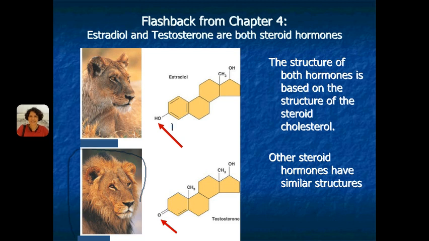You can see here there is a hydroxyl group in the estradiol, while there is a carbonyl group in the testosterone, and then testosterone also has a methyl group over here, and that's basically all the difference between those two hormones that have very different effects on the bodies that they are working in.